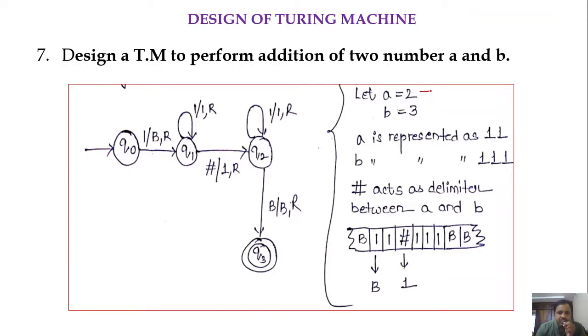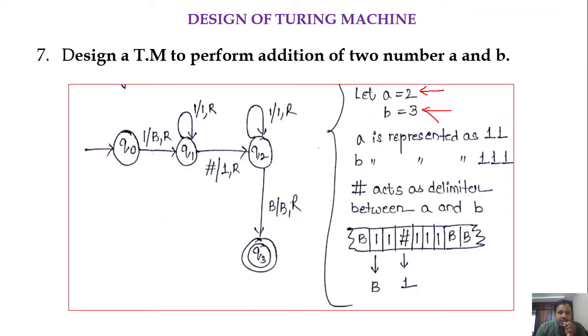The first input will be A, and I am considering A as 2, and the next input will be B, and I am considering the B value as 3. While constructing the Turing machine for such an operation, we represent input A by using the number of ones.